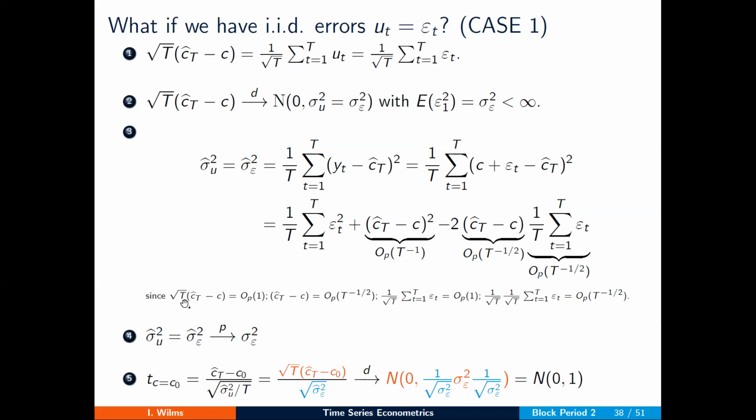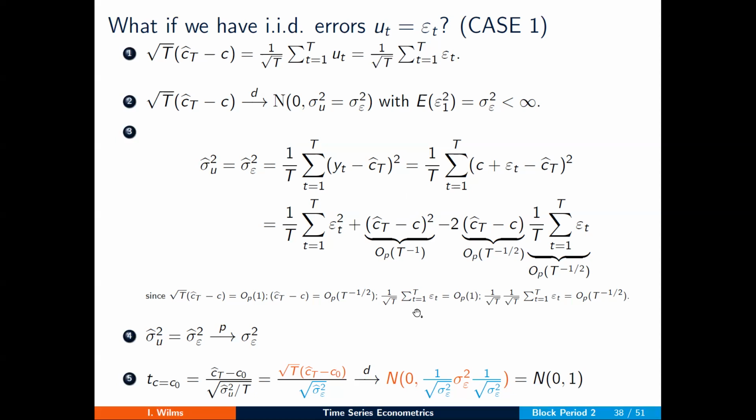Indeed, I need to alternatively blow it up by root T in order to get the limiting distribution. I also have its square popping up over here. So that's why this one is big O_P of order T to the power minus 1.